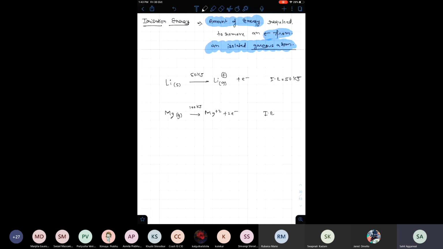Will it be ionization energy? No. क्यों? क्योंकि ये solid state है. Will second be ionization energy?